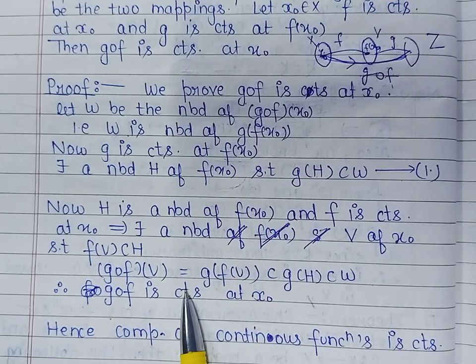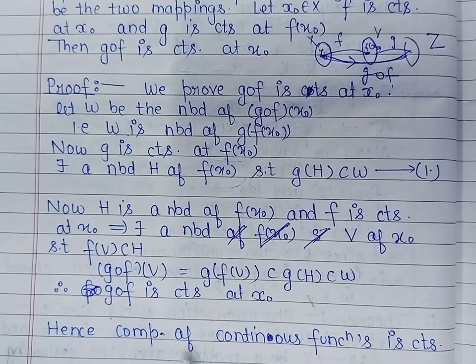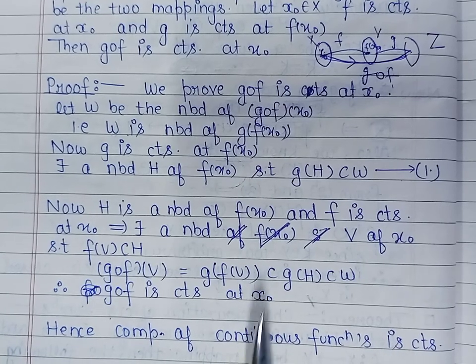So this proves the definition of continuity at the point x naught. So this proves that composition of continuous functions f and g is again continuous at the point x naught.